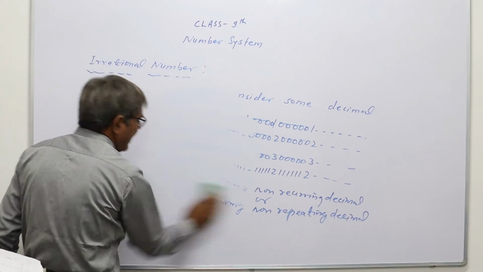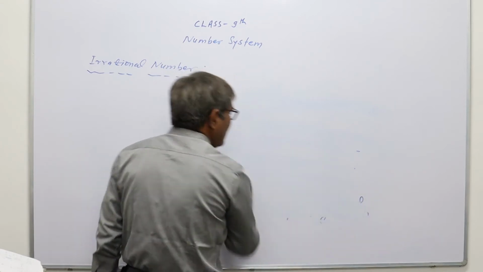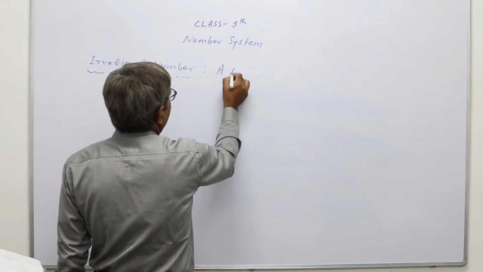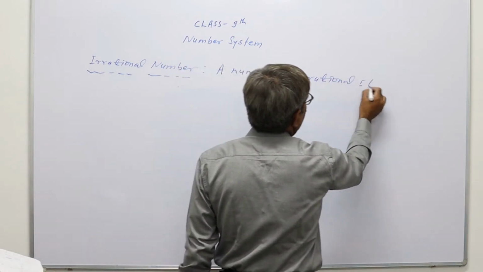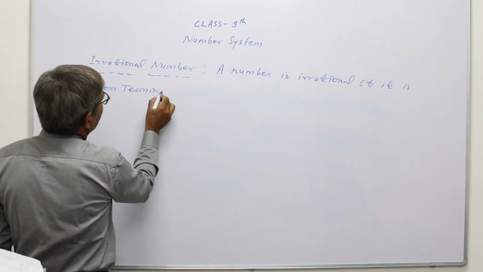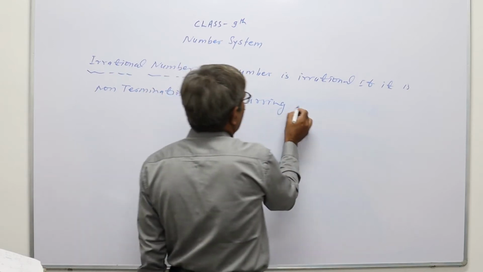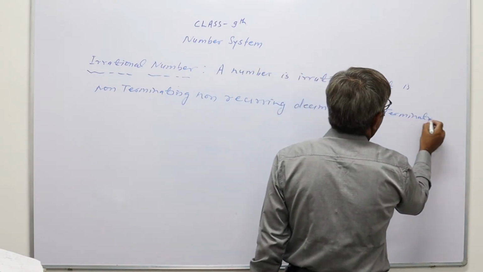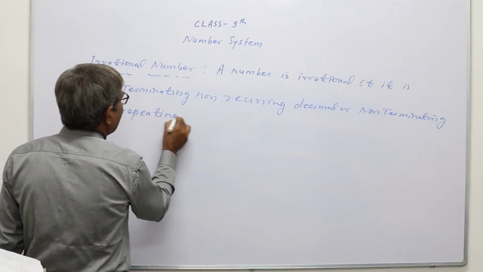A number is irrational if it is a non-terminating, non-recurring decimal, or a non-terminating, non-repeating decimal.